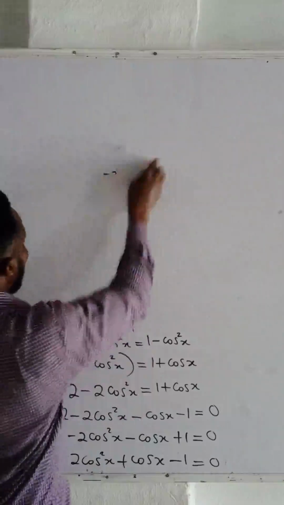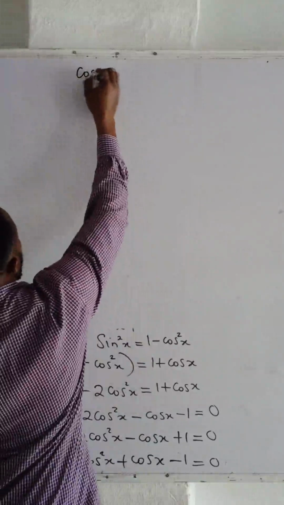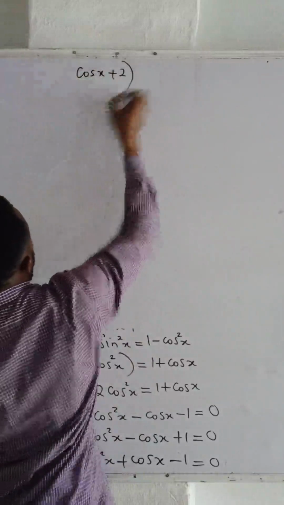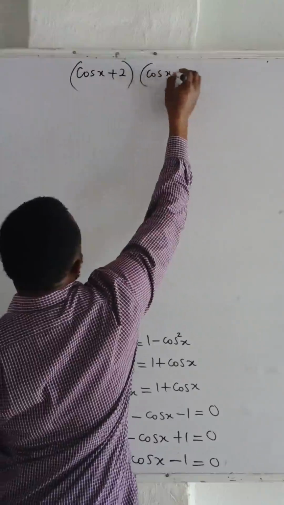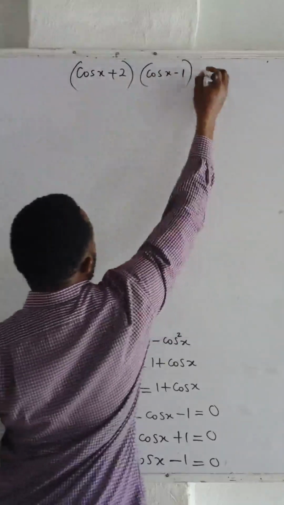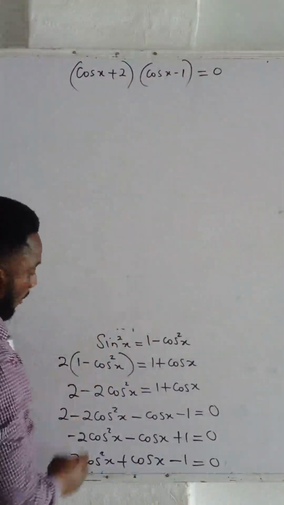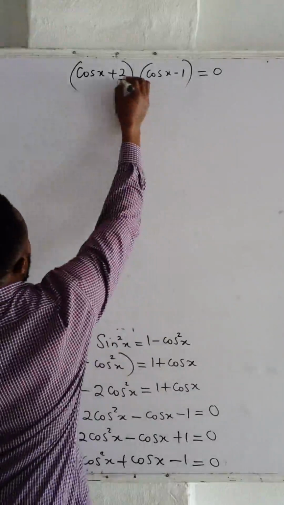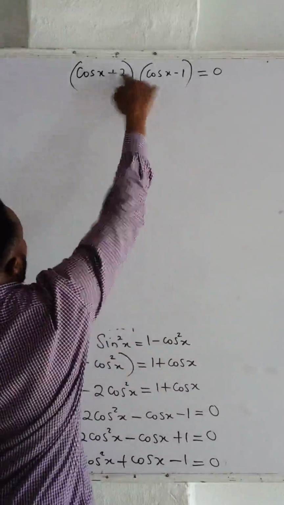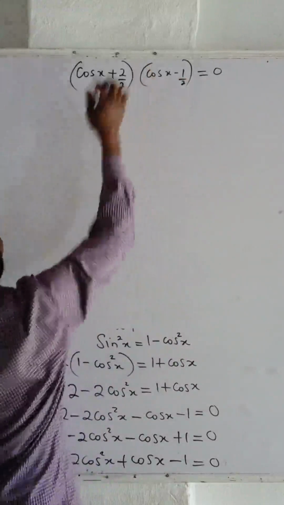It therefore means that I can write this expression as cosine of x plus 2 in one parenthesis, then cosine of x minus 1 in another parenthesis, equal to 0. Now, watch carefully: because the leading coefficient here is 2, I will use 2 to divide the number 2 here, then use 2 to divide this one here. 2 divided by 2 gives us 1.